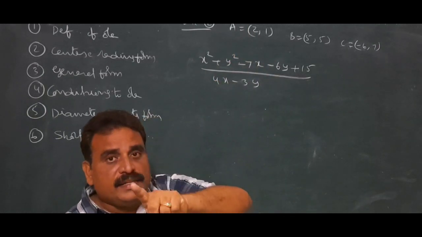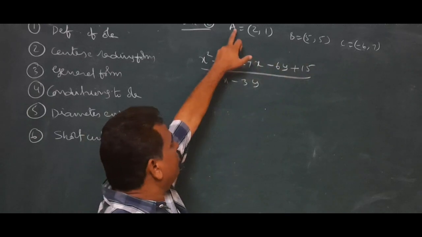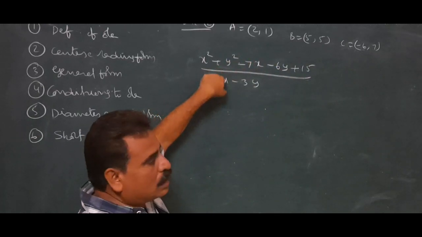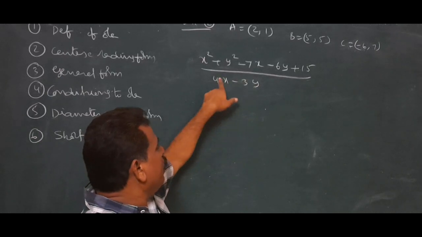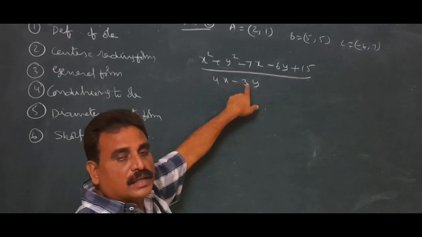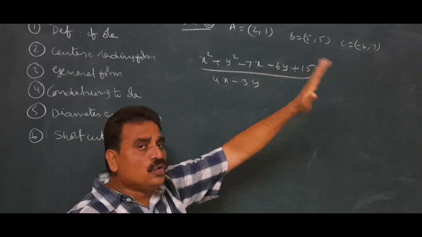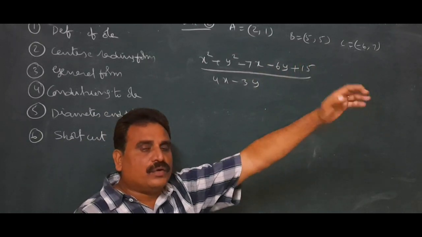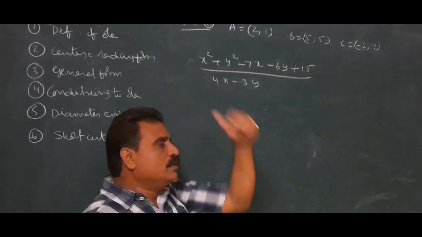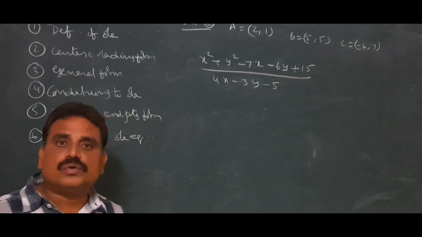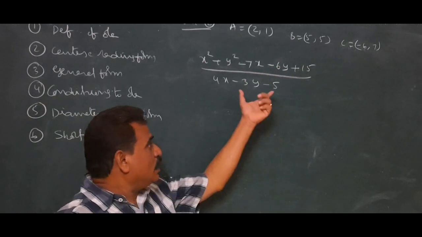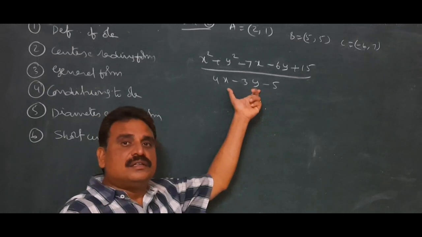Substitute the constant with either A or B. You substitute A first. What is the constant? 4 into 2, 8, minus 3 into 1, 3, that is 5, equal to 5. Take that 5 to this side, we get minus 5. If you have any doubt whether it is correct or not, you check that.